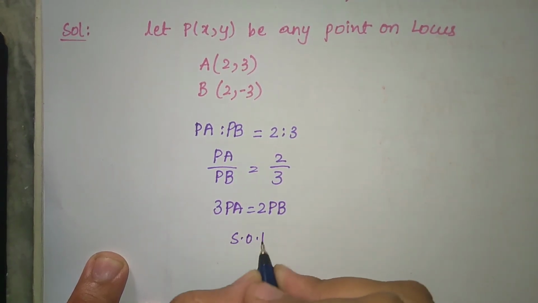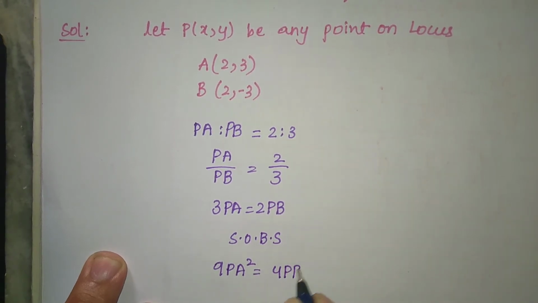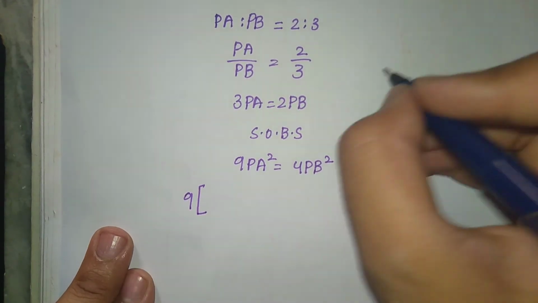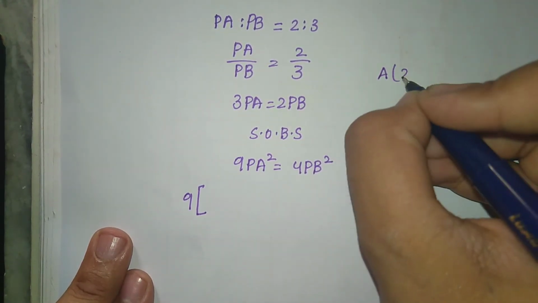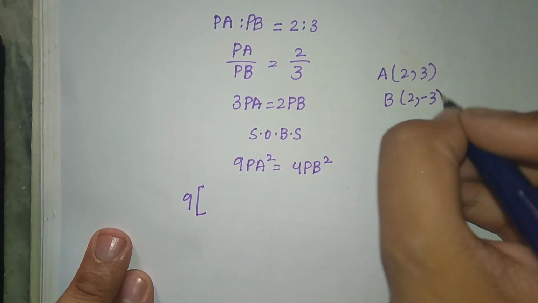Cross multiplication: 3PA is equal to 2PB. Squaring on both the sides. So 9PA square is equal to 4PB square. 9 into, what is A? 2, 3. What is B? 2, minus 3.